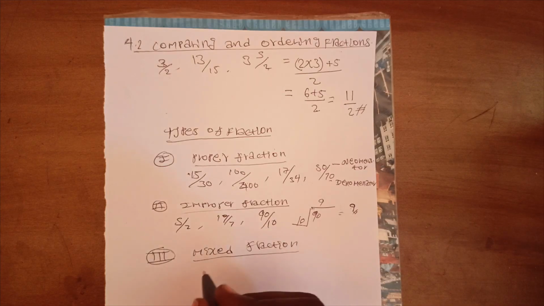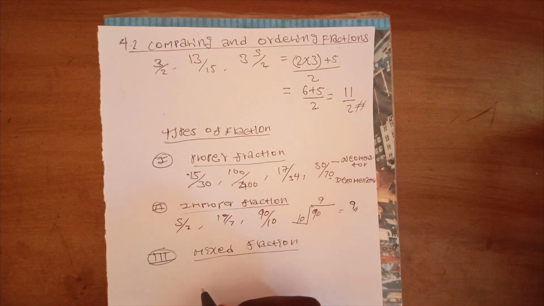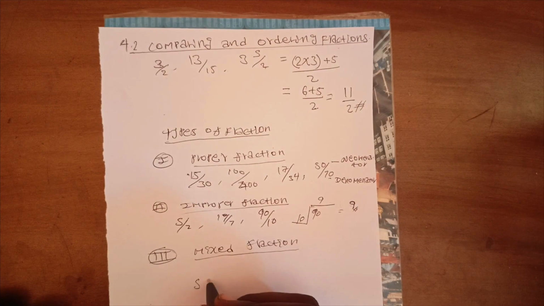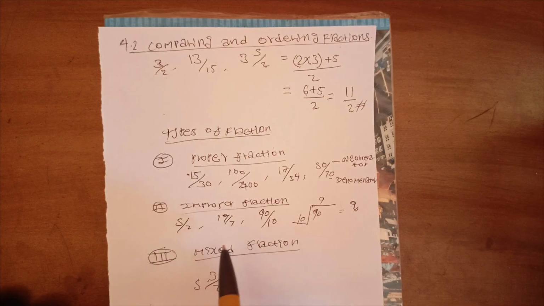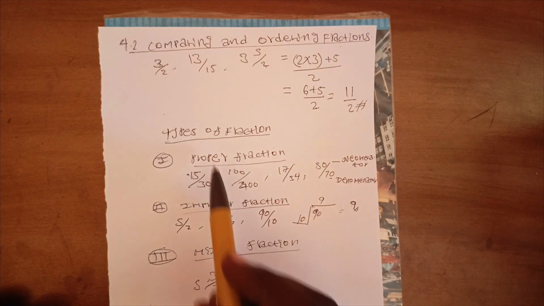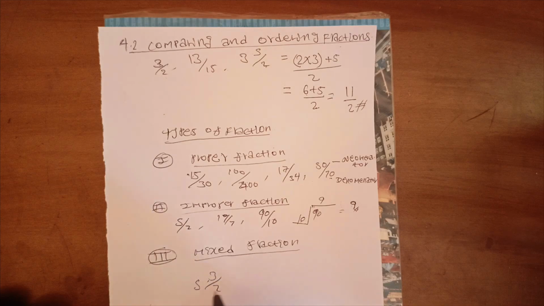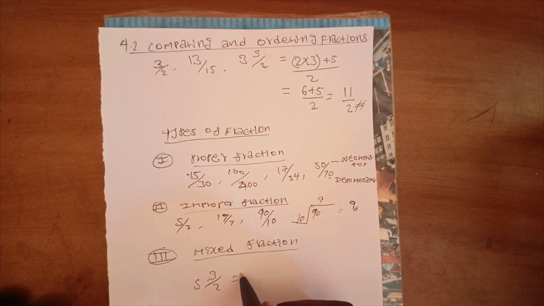Yeah. So here there's a mixed number, 5 and 1/2. When we change this to a direct fraction, like proper or improper, the mixed number always changes to be what?